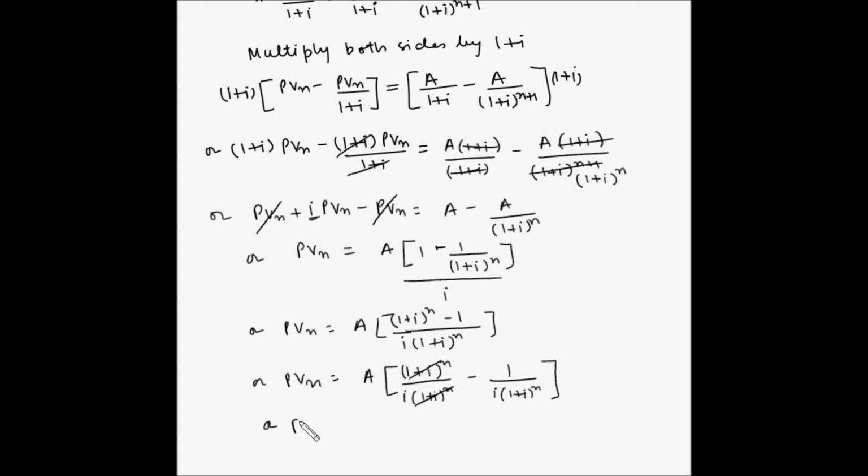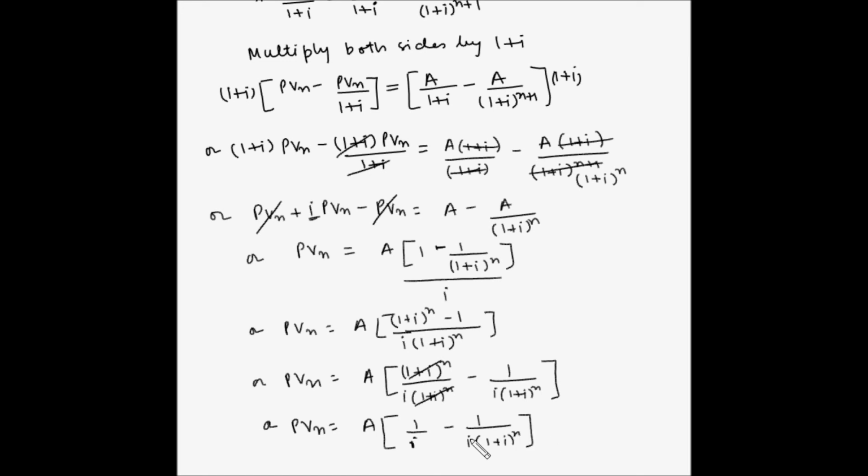So we get PVN is equal to A into 1 divided by I minus 1 divided by I into (1 plus I) to the power n. So this is the formula for calculating the present value of an annuity in cases of an ordinary annuity.